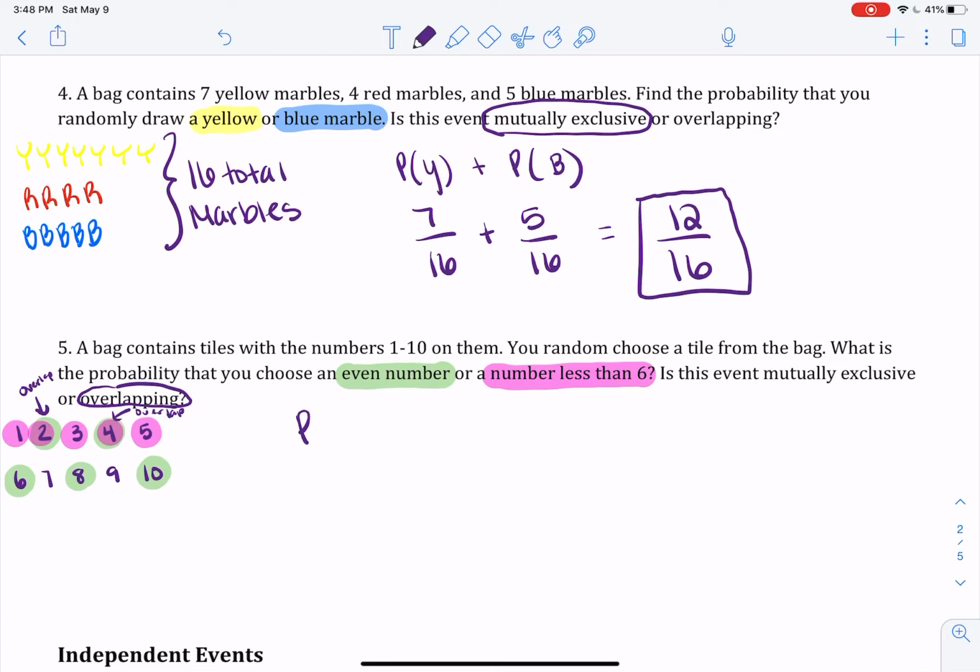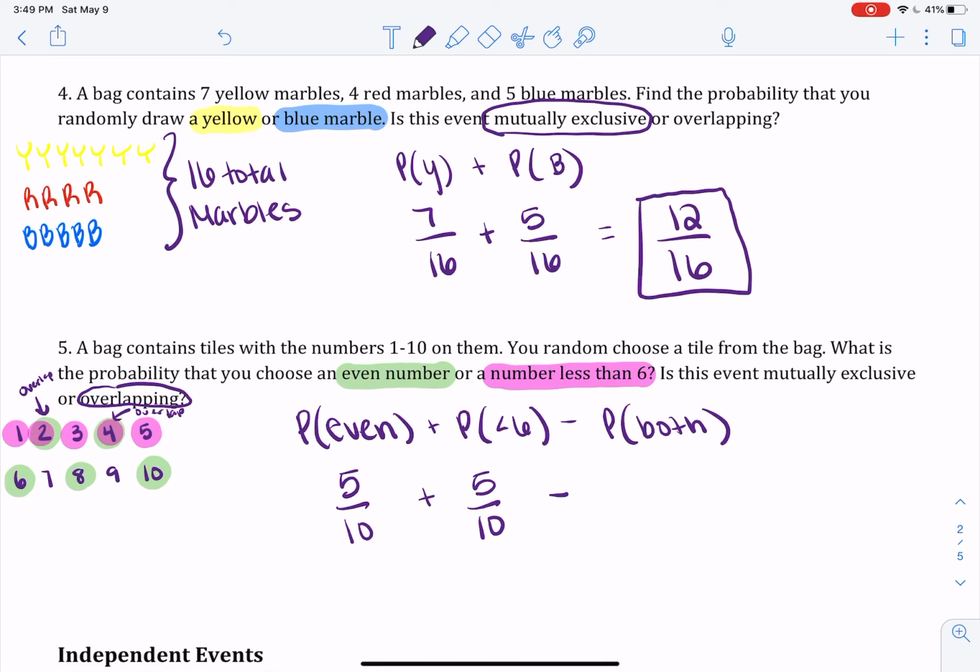So we're going to take the probability of getting an even number, plus the probability of drawing a number less than 6, minus the probability of the overlap, or both of them. So the probability we get an even number, well, that was 1, 2, 3, 4, 5 out of 10, plus the probability of drawing a number less than 6, well, that was 1, 2, 3, 4, 5 of them out of 10, minus both.